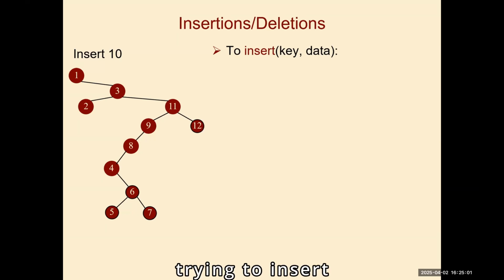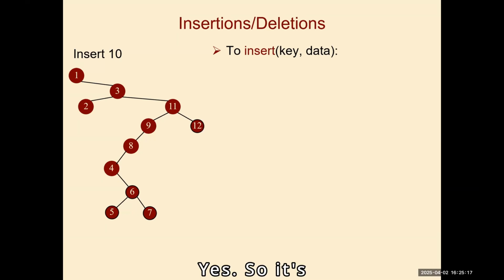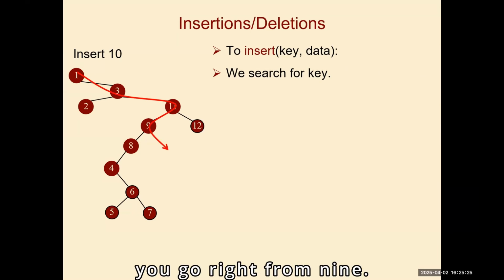And then we're trying to insert 10. First, it might be there already, so you look where it's going to be. You start at the root, it's bigger than 1, smaller than 11, bigger than 10. You find out where it goes, and you go right from 9.